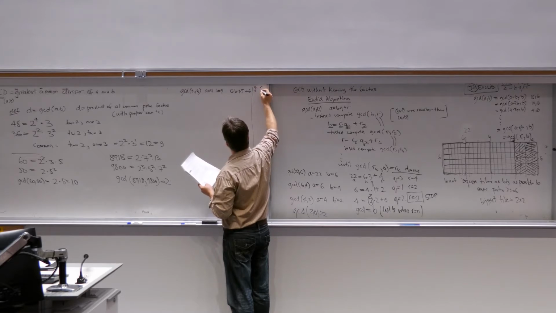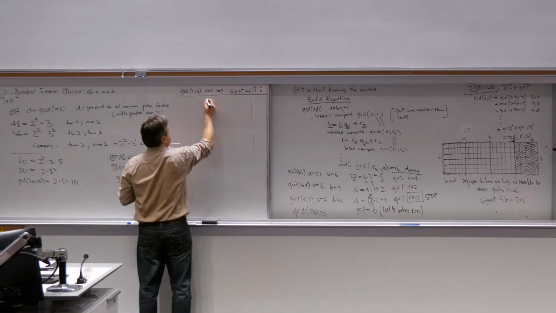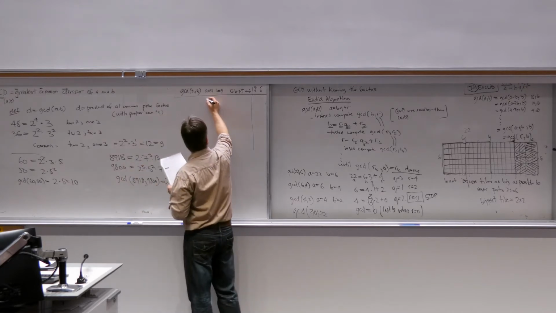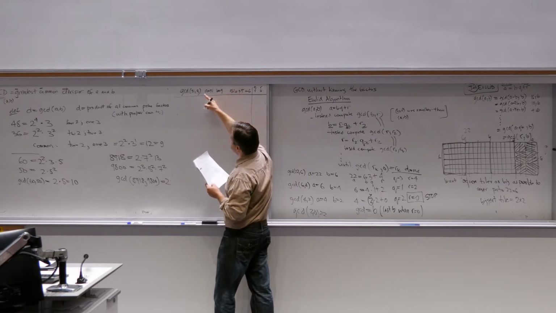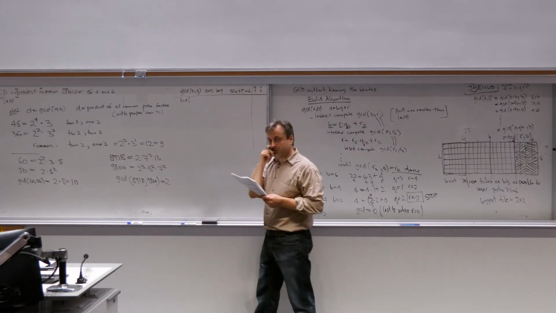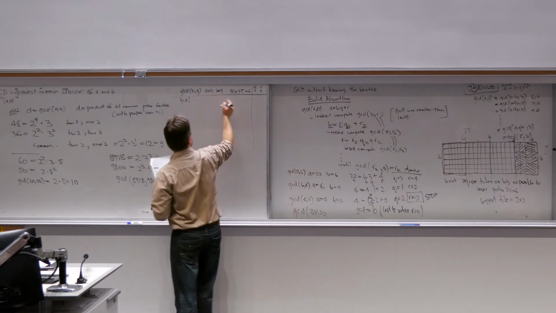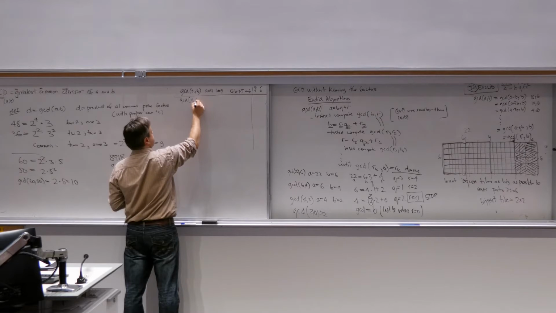And who's R? 6. So my next GCD will be, what will be my A now? I'm moving from GCD of A and B to GCD of who? Of B and R, right? So B and R are 9 and 6.